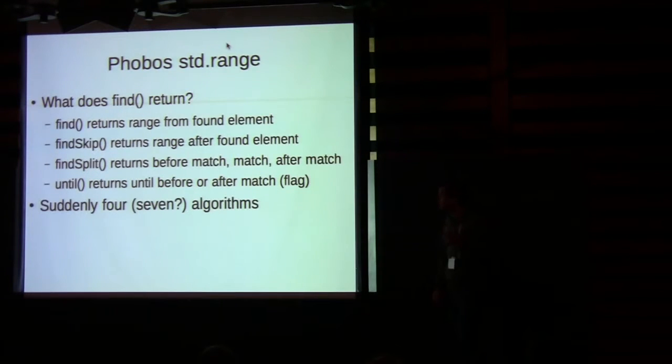So find has become 4, 7, depending on how you want to count them, algorithms. We have find and findIf. Yes, we only have 2, and they're actually the same thing because you can always use equals-value as a predicate to findIf.